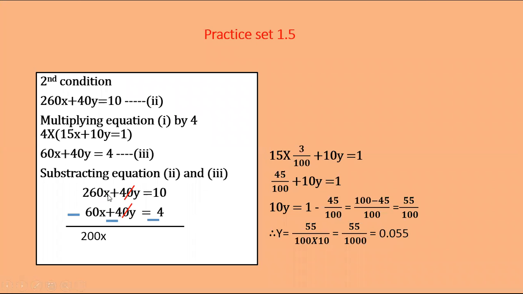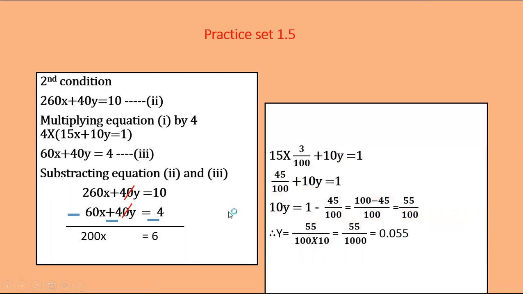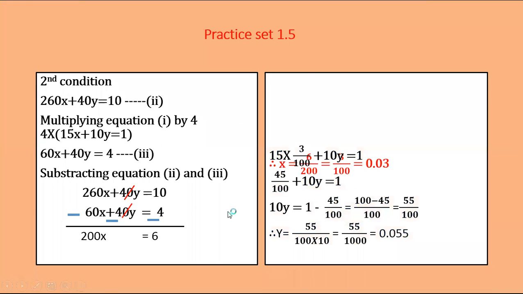Therefore 260x minus 60x is equal to 200x is equal to 10 minus 4, which is 6. Therefore 200x is equal to 6. 200 goes to the RHS side, then we get divide. Therefore x is equal to 6 upon 200, which is 3 upon 100. When this fraction is written as a decimal fraction, it is 0.03.